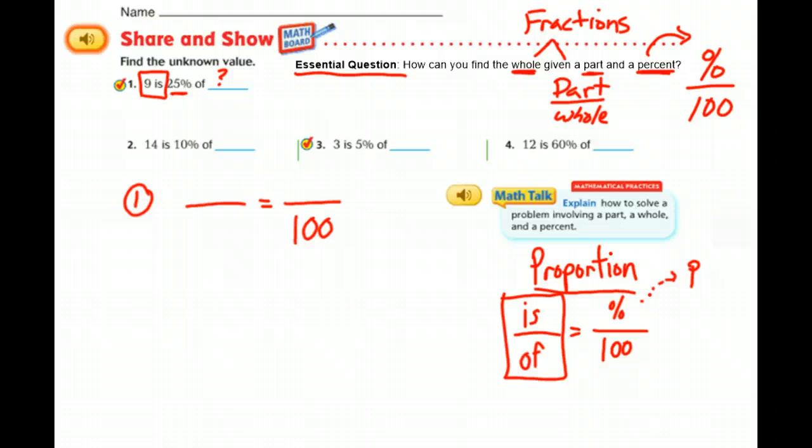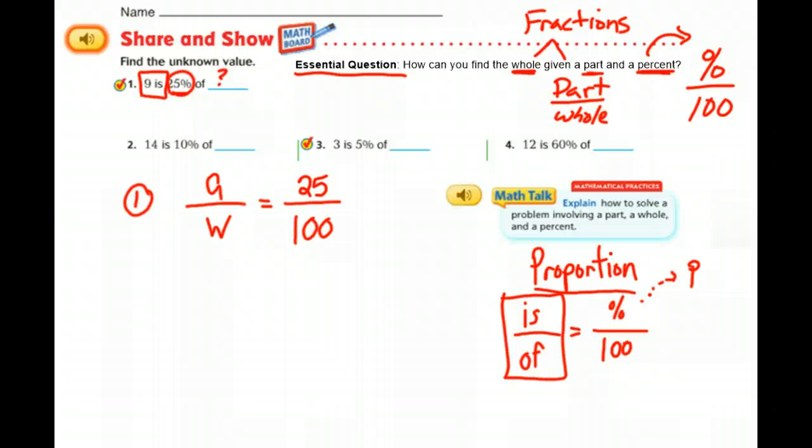In the problem, I am given 25%, so I'm going to place 25 over the 100. The 9 is actually part of another number, so that's going to have to go on top. My keyword is, that's why I boxed in the is. Means I'm going to place the 9 here, and the number that I'm looking for will be my whole, or the of number. So we're looking at 9 over W equals 25 over 100.